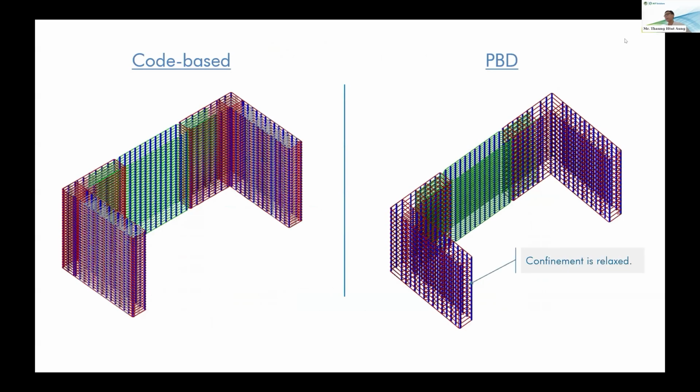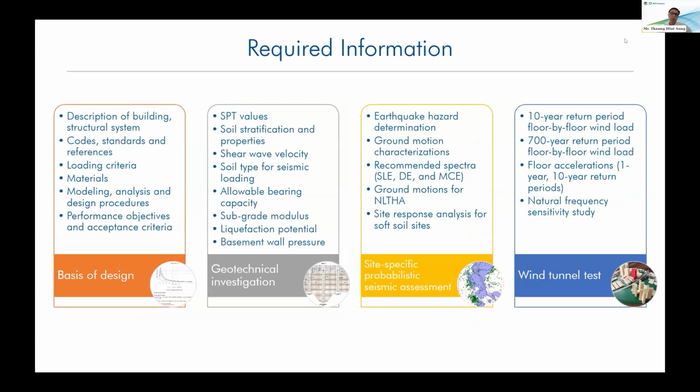But in the PBD approach, if we check the axial strain of concrete explicitly, and if the axial strains are small, we can reduce the confinement in the boundary zone of the shear walls. So here on the left side, confinement is very dense, but on the right side, based on the PBD outcome, the confinement is significantly relaxed and we can reduce the cost.